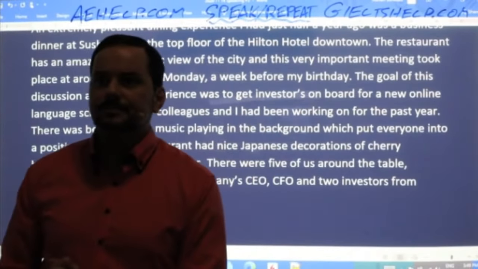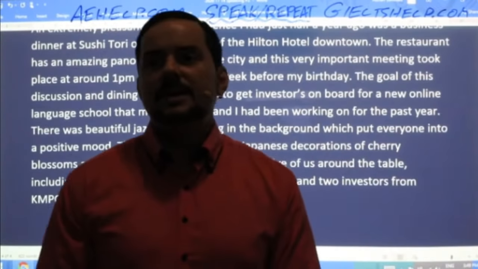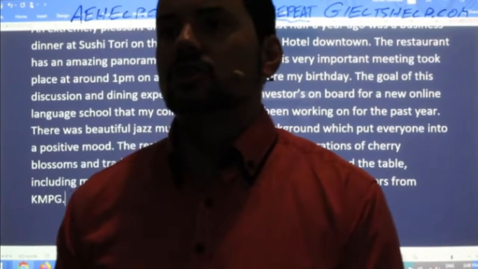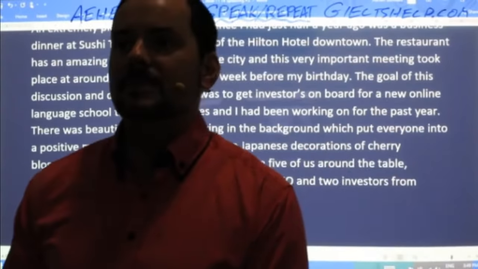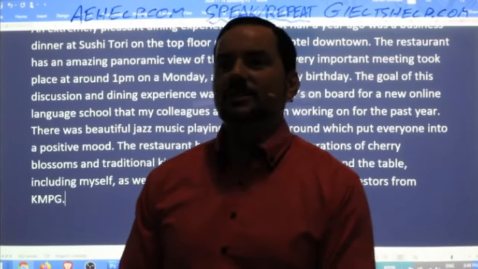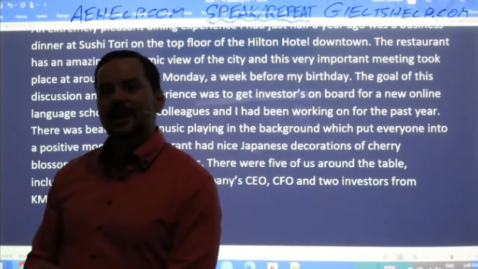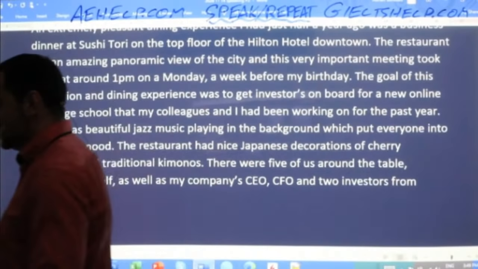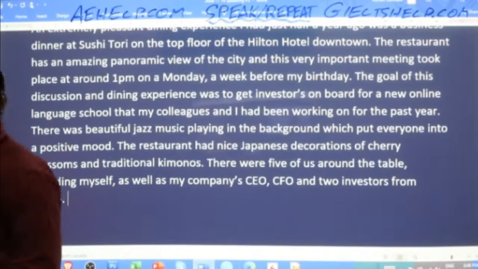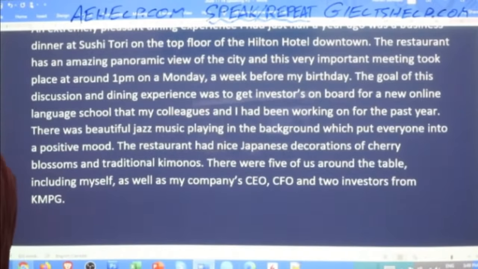Okay. So Joseph said, we had many fusion sushi options to choose from. Our investors have never been to this place, and they were really impressed by the quality of the tuna and the salmon. Yeah, okay, very good, Joseph. Yeah. So that's being specific. Good job, Joseph. That's what you want to work towards. So the food was absolutely delicious.